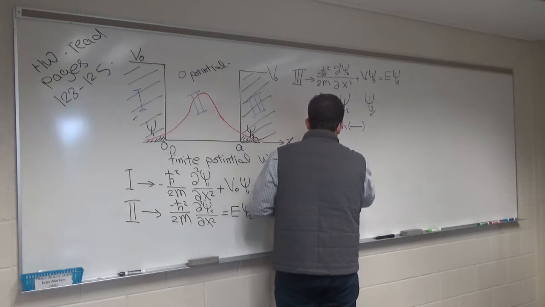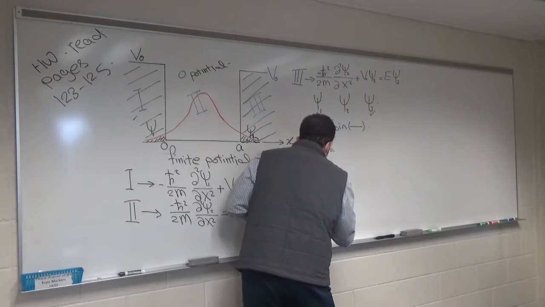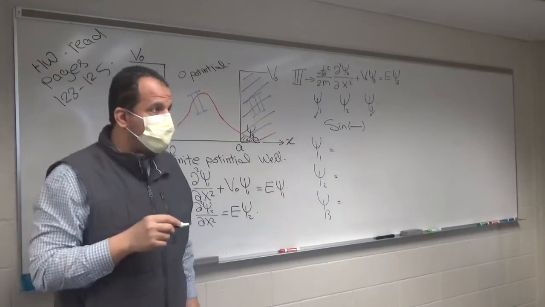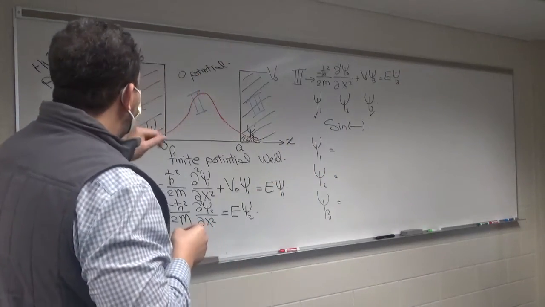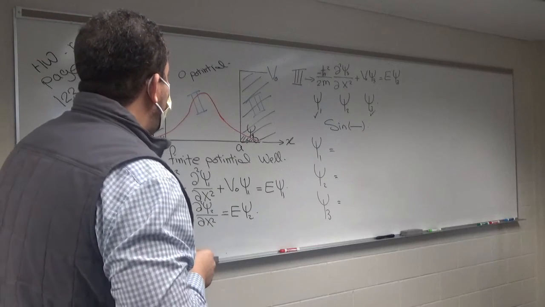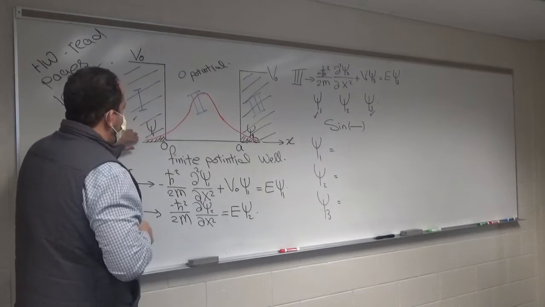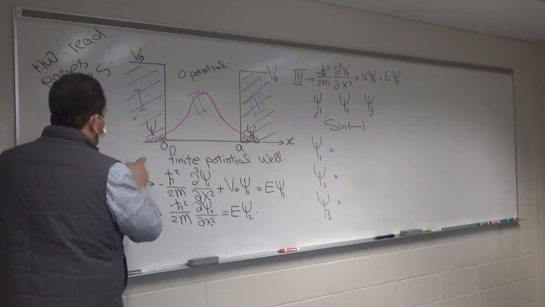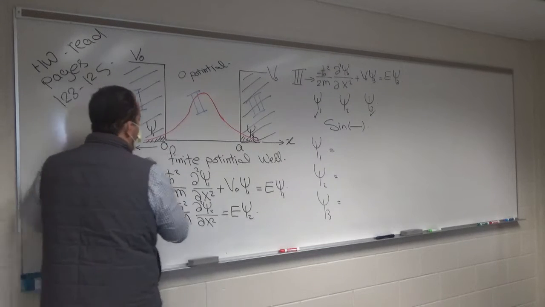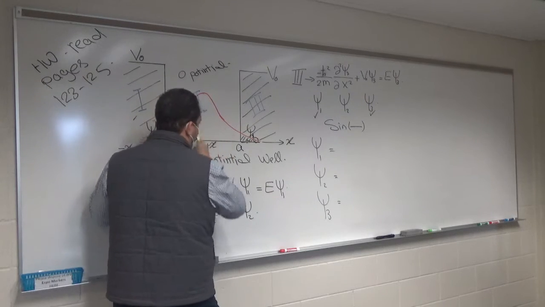So psi 1 is equal to, psi 2 is equal to, and psi 3 is equal to. Sometimes we don't need to solve the differential equations. Maybe we can see this behavior and that can help us to figure out the wave functions. Okay, so here we have negative values for x, and here we have positive values for x.